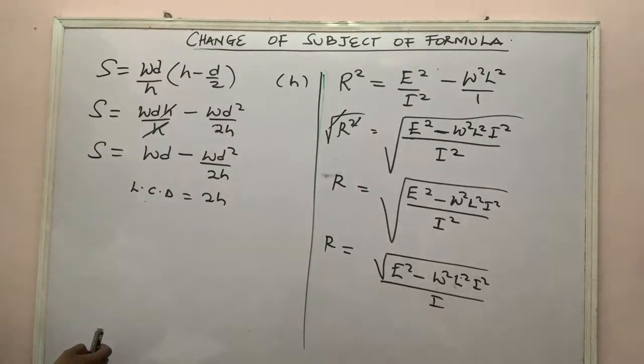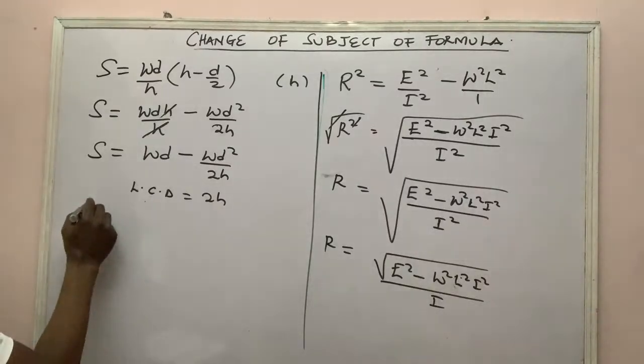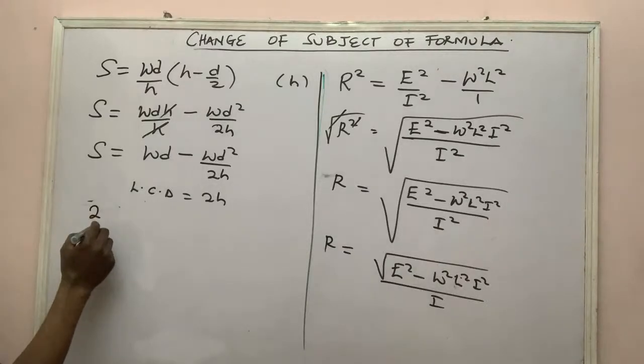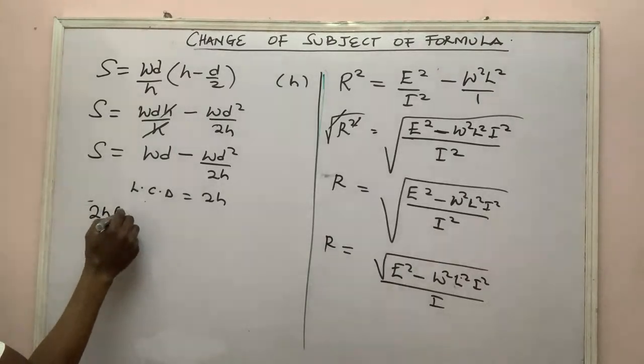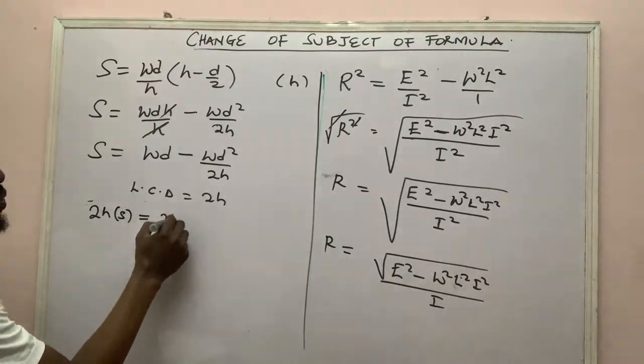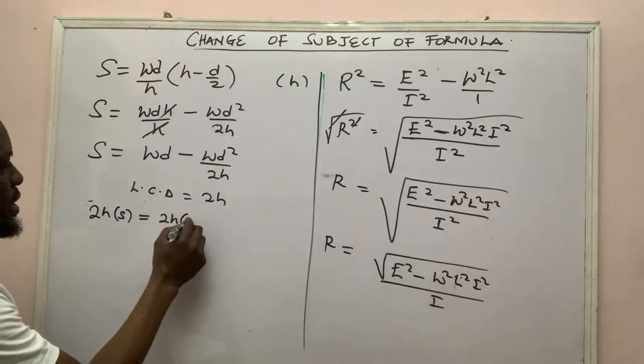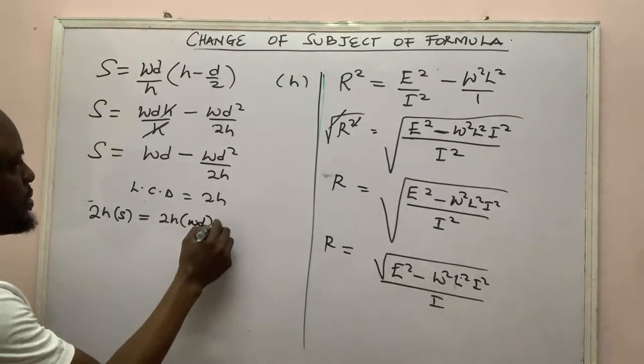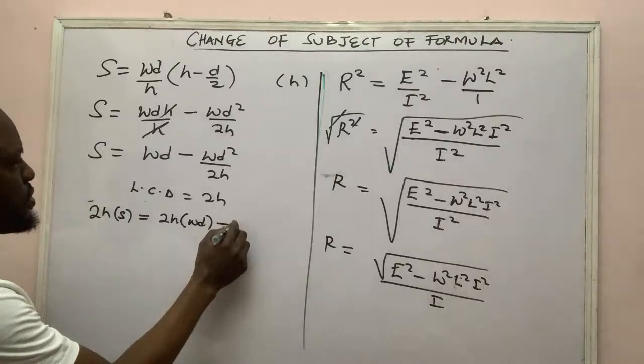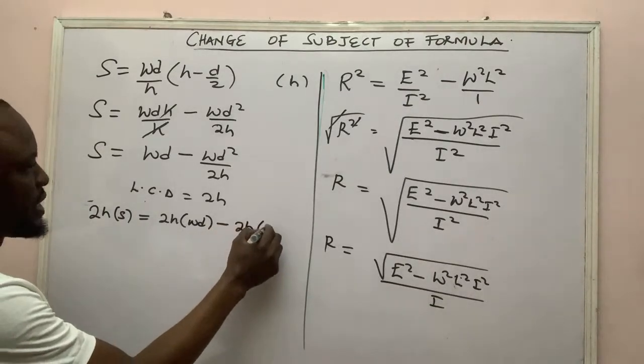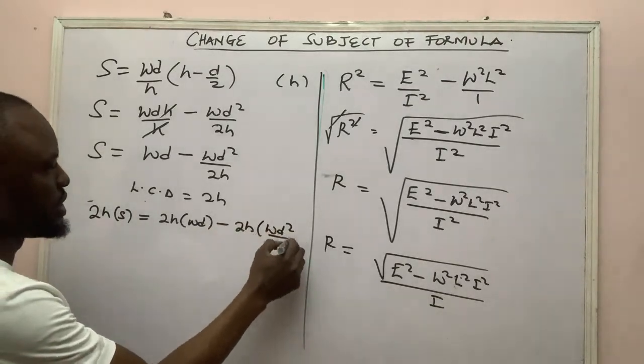So if I multiply the equation through by the LCD, our LCD is 2H. So if I do that, I have 2H bracket S equals 2H bracket WD minus 2H bracket WD squared over 2H.